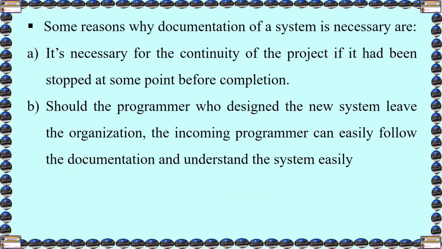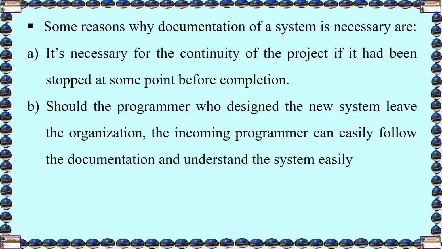Number 2, it shows the programmer who decided and left the organization, and therefore the existence of the documentation can allow any new programmer to not only understand the system, but also improve it.